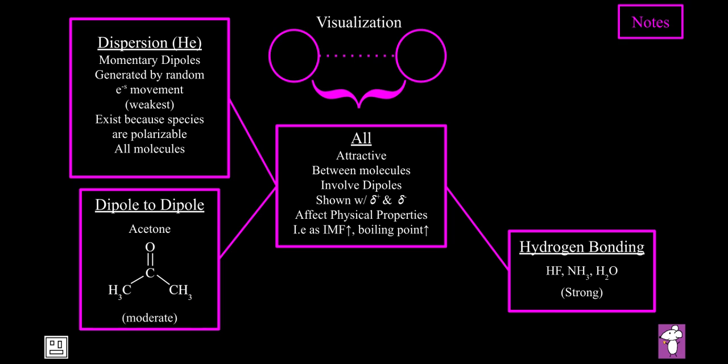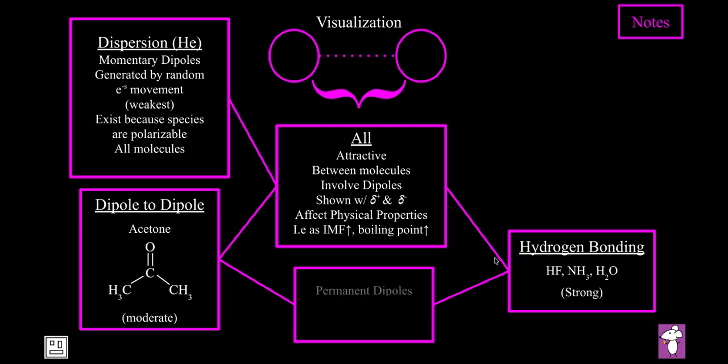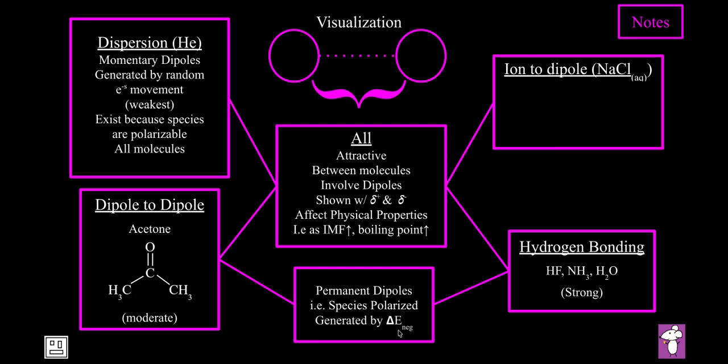They tend to be a little bit weaker than hydrogen bonding, but stronger than dispersion forces in general. It's not a golden rule. Now these two, dipole-dipole and hydrogen bonding, are made from a permanent dipole, meaning it's always there, meaning the species is already polarized in terms of the bond because of an electronegativity difference.